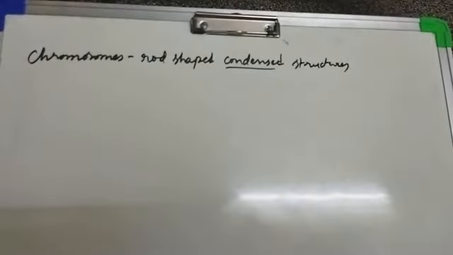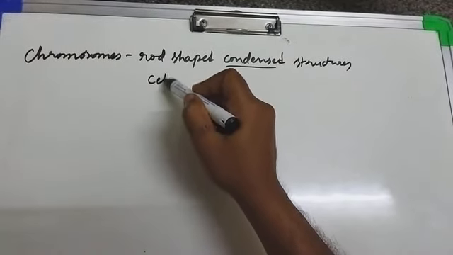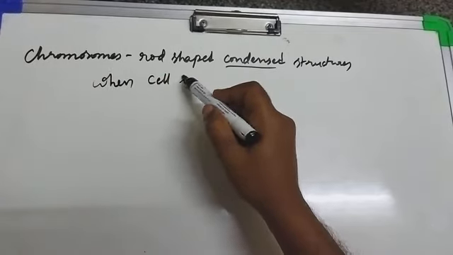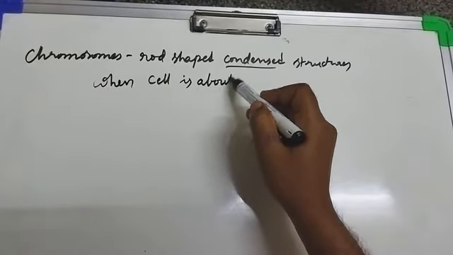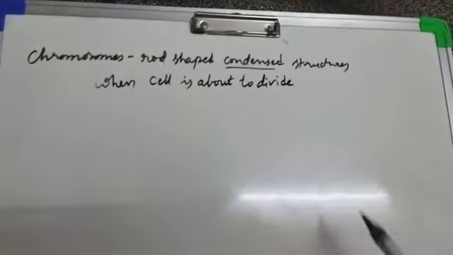Means when we see them under the microscope, they are seen as rod-shaped condensed structures. And when are they going to be seen? Only when the cell is about to divide, right?